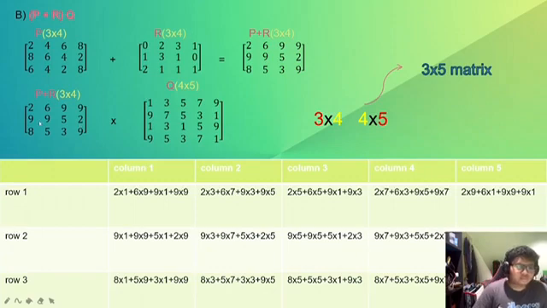And then I will take the second row, multiply it by the first column of Q. So we get row 2. We can get the number for the answer of that matrix here. I think you can see clearly.